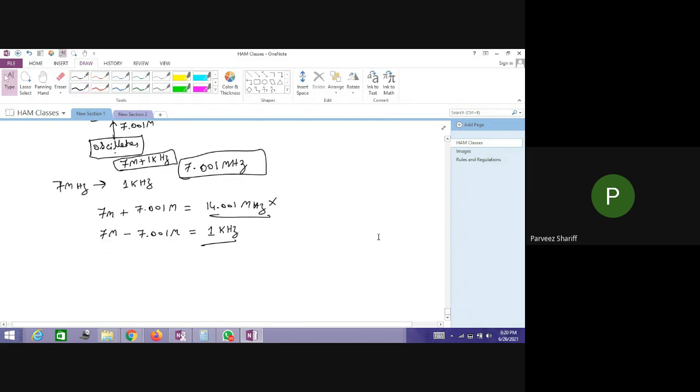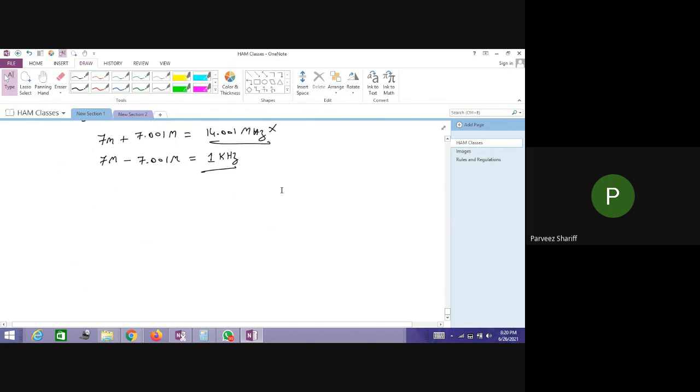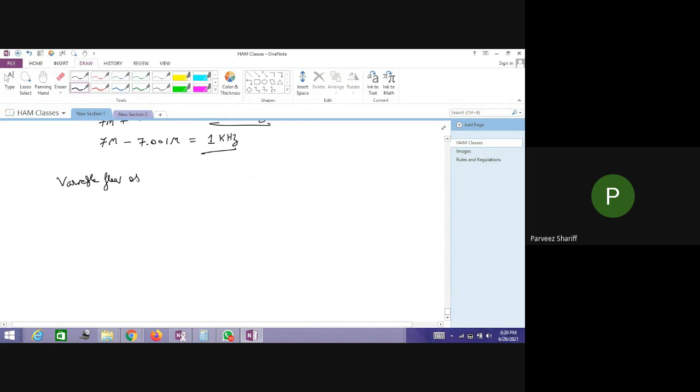Before concluding today's session, I'd like to introduce one more topic, that is VFO, variable frequency oscillator. A variable frequency oscillator can generate the different frequencies which are required for the transmission. Basically an oscillator can generate multiple harmonics.